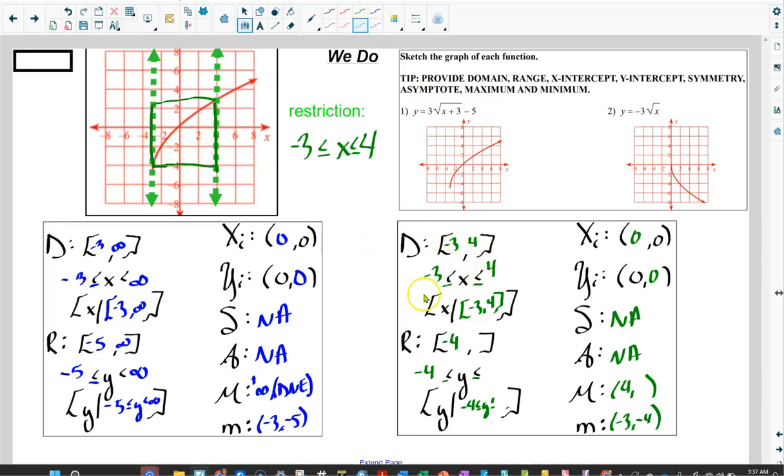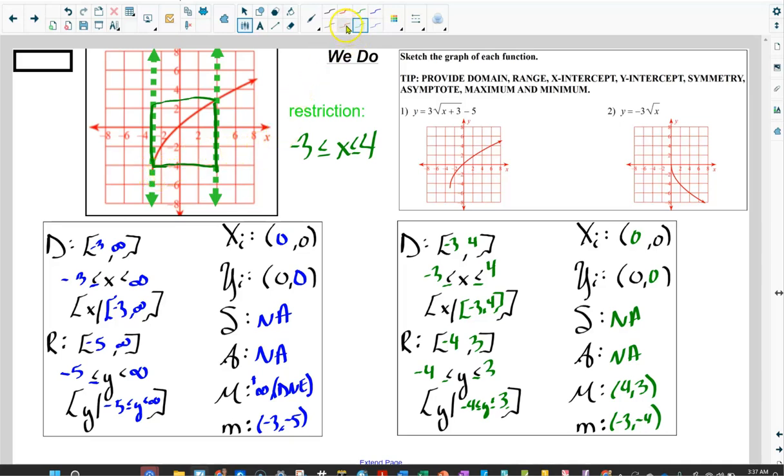Negative 3 to 4. Negative 4 to 3. We should be good here, here, here, and the maximum is occurring at 4, 3. And then we of course have the minimum, negative 3, 4, right here.